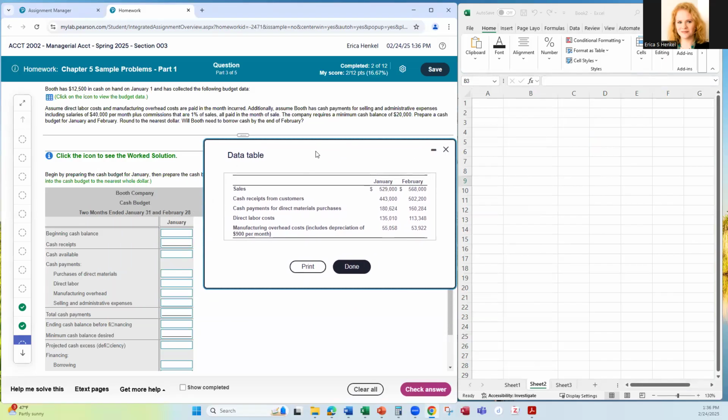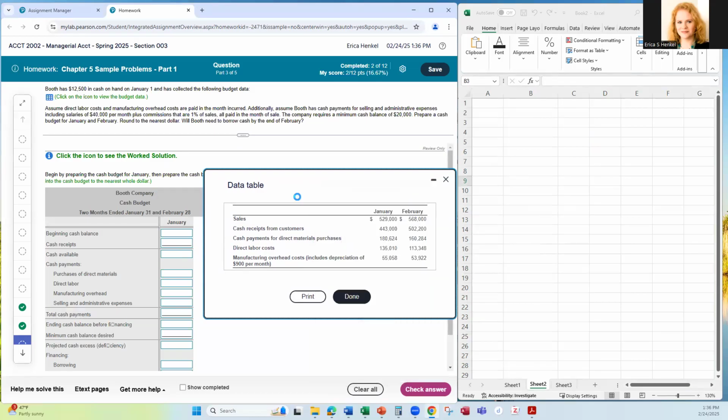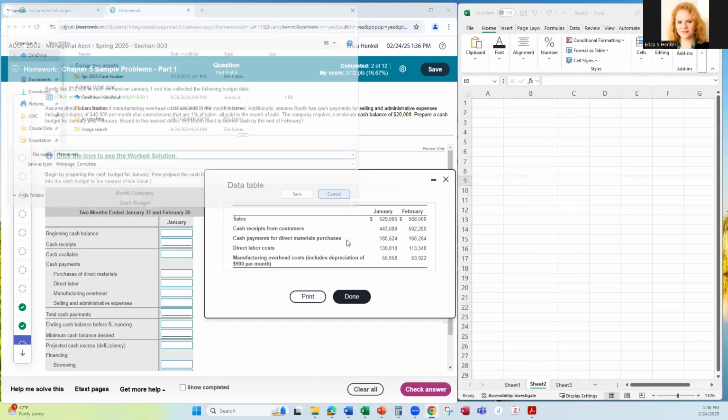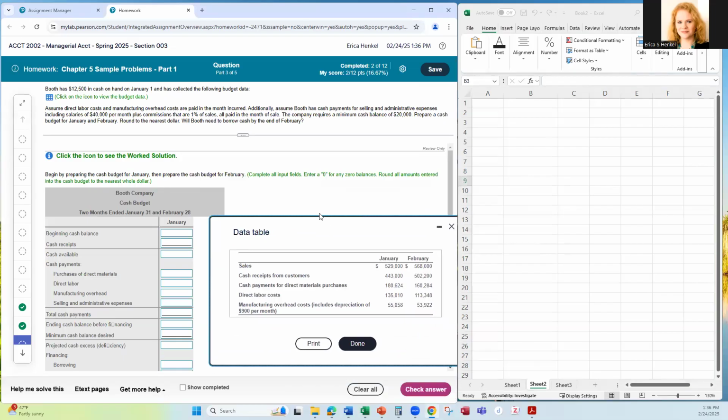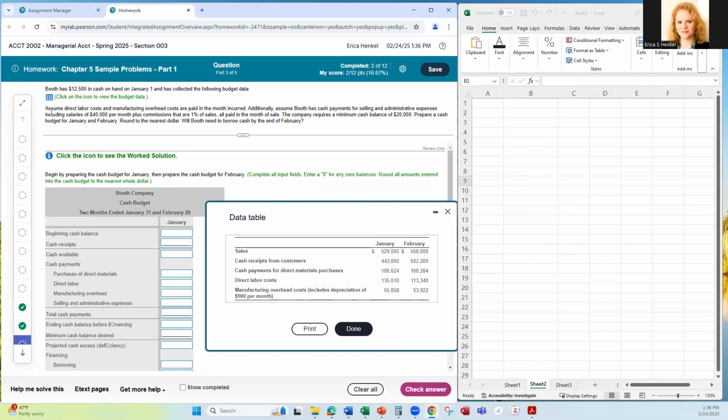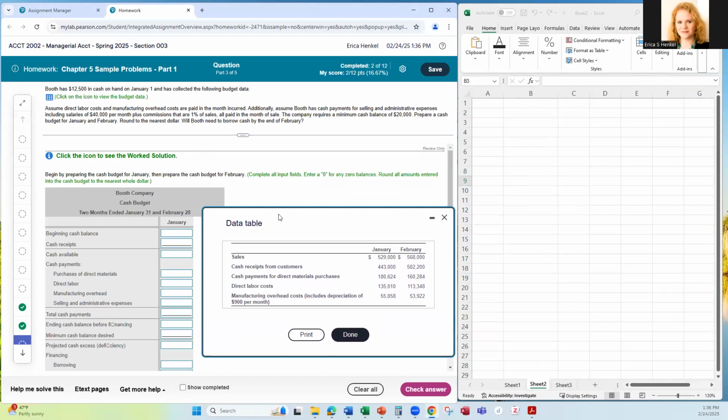Assume direct labor and manufacturing overhead costs are paid in the month incurred. Additionally, assume Booth has cash payments for selling and administrative expenses, including salaries of $40,000 per month, plus commissions that are 1% of sales, all paid in the month of sale.